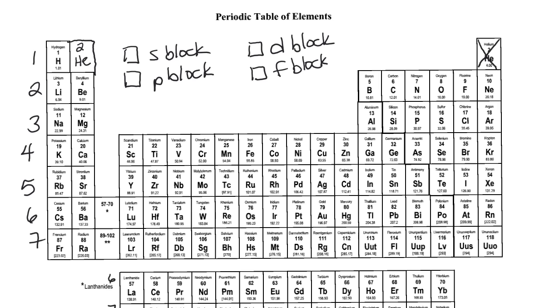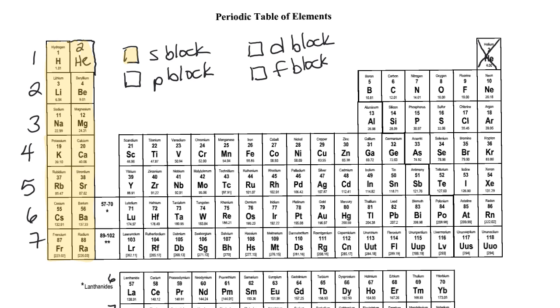Here is the S block. And that means that electron configurations end in an S orbital.